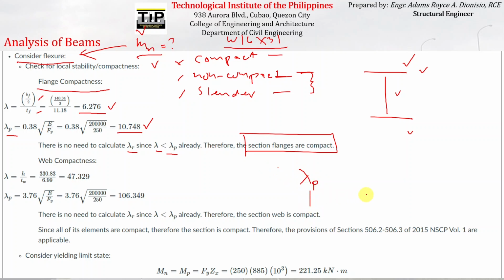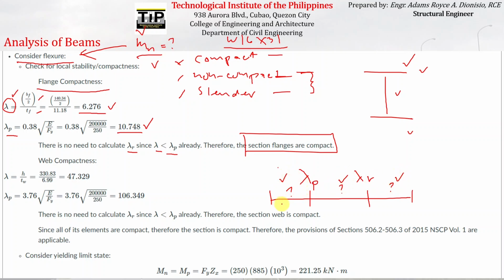Since we just have to classify the lambda on three different portions here, if you can just imagine a number line with these limiting values, we just have to check which of these three regions the width thickness ratio will be included in.